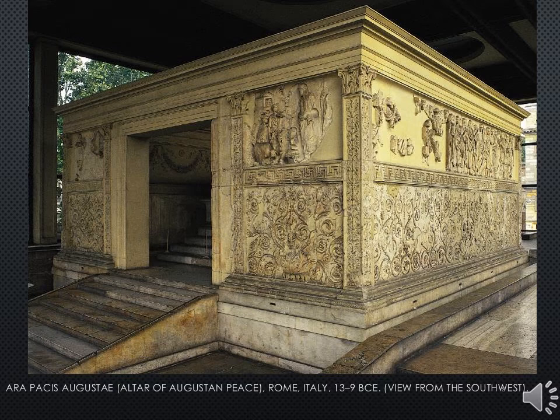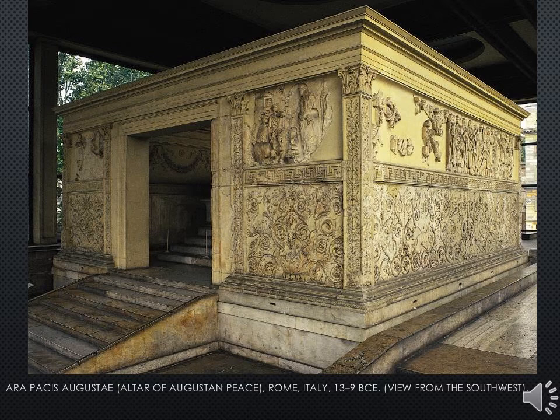And we get a sense, looking at the historical record, that most of the plebeians, the average people of Rome, didn't really care who was in control. They just wanted the fighting to stop. They just wanted the blood to stop. And so they were just happy to have peace. And this was a commemoration of that for Augustus.